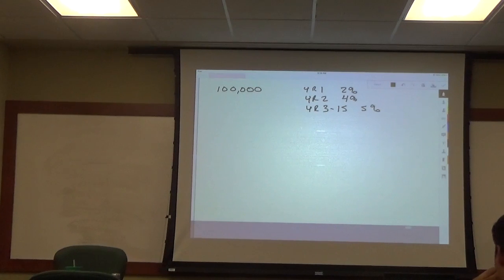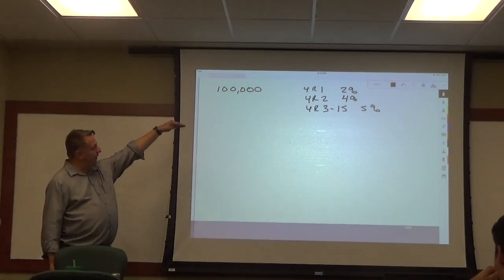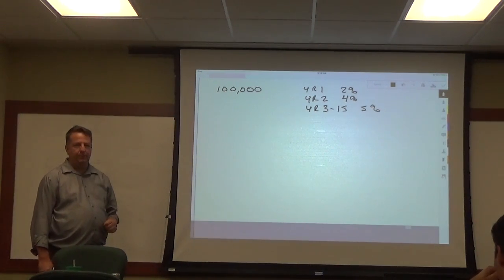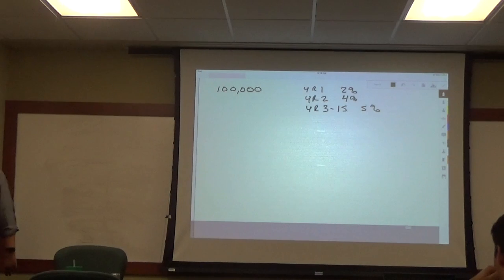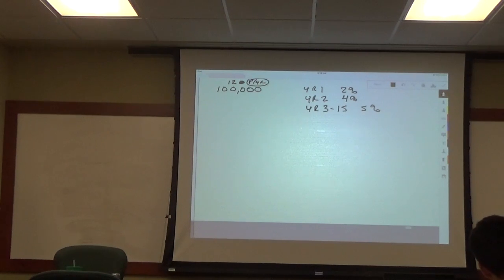All right? Now, so what we're going to have to do is we're going to have 2 different interest rate changes, okay? And so we're going to start off 12 payments per year, $100,000 loan, in this case for 15 years. Okay? And our initial interest rate is going to be 2%.